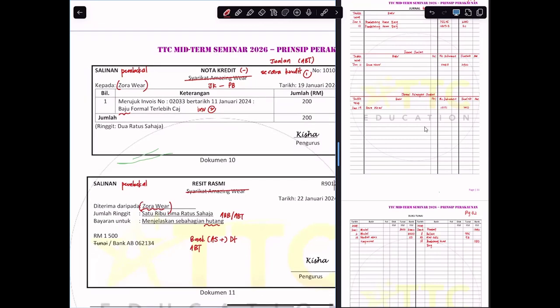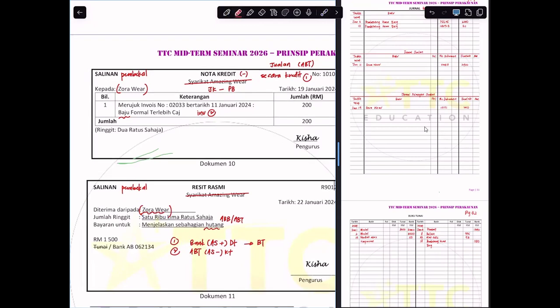And the ABT klasifikasi AS. After receive money, your belum terima balance is getting less. So put into credit side. So first account bank, second account ABT. Bank always keep it for buku tunai. So later, debit bank supposed to write ABT inside, but change to Zora Way.